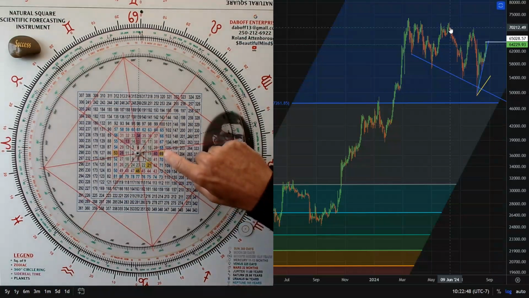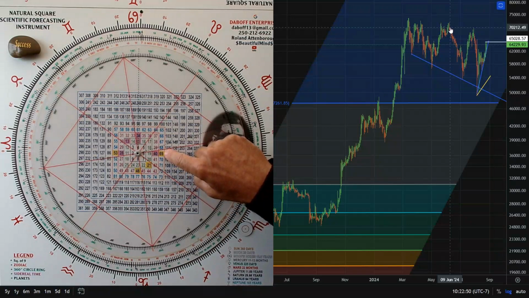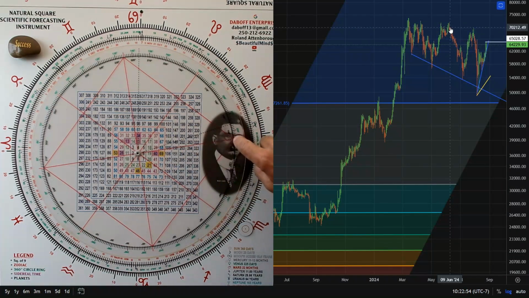Well, we've swung all the way up to 69 and 70,000 here, following the sun, and the sun is now on this angle. Let's go see what's going to happen maybe 45 days later. Well, that won't occur until July 25th and 26th. Let's go see what happened there.